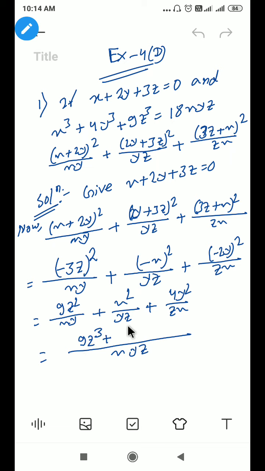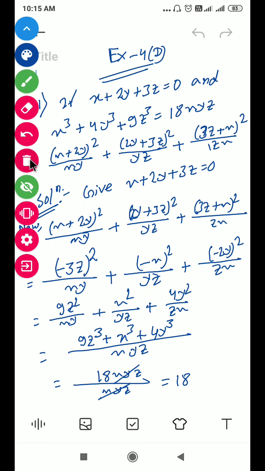Which number multiplied with yz gives xyz? That is x, so x times x² gives x³, and here 4y³. Look, the value of 9z³ + x³ + 4y³ is given here as 18xyz. So put 18xyz, and below it there is xyz. Cancel out xyz and you get 18. So 18 will be our answer.